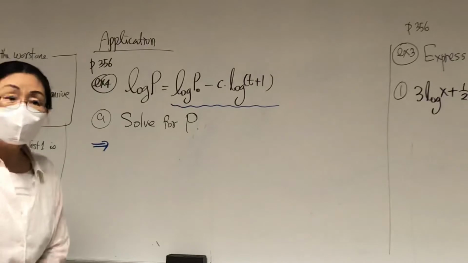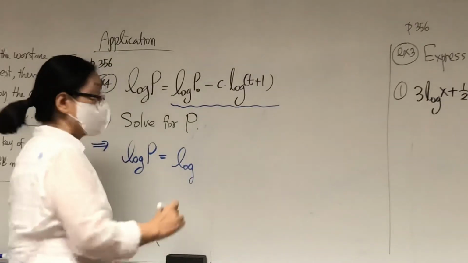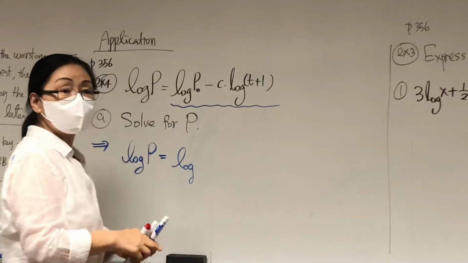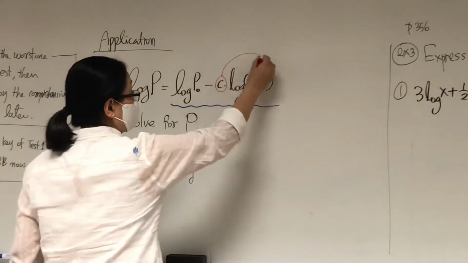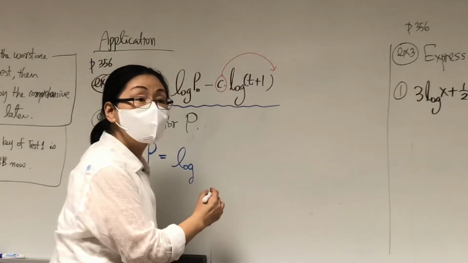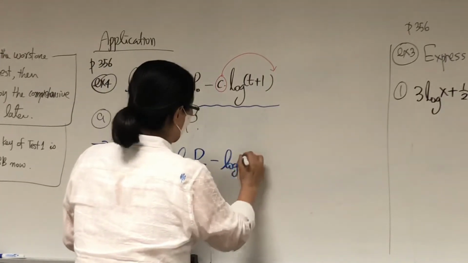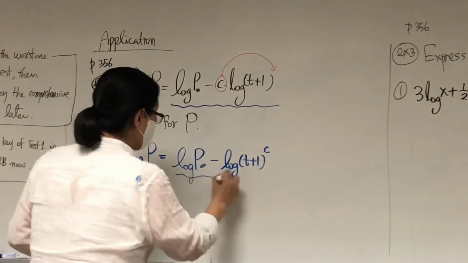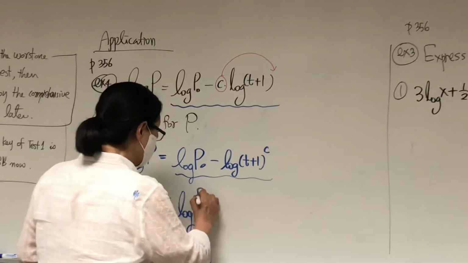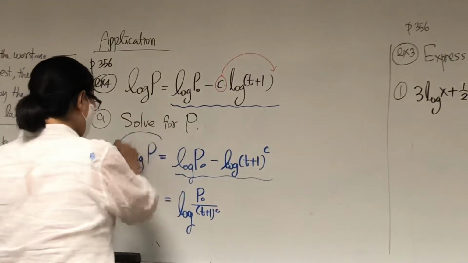So left hand side is a single log, right hand side is a single log.